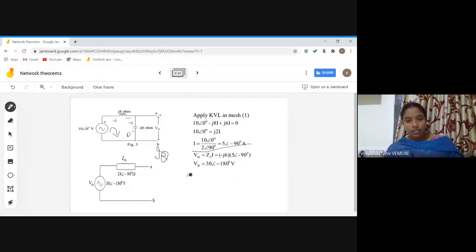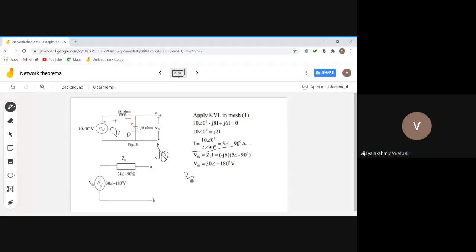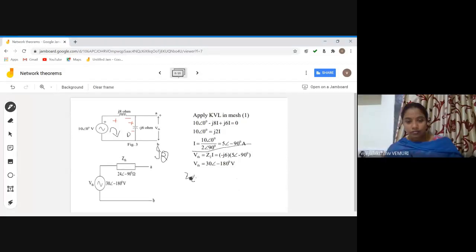Now, you are asked to find out maximum power, isn't it? So ZTH, what is the value you got? 24 at an angle minus 90 degrees ohms, isn't it?